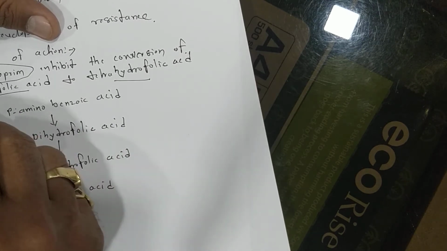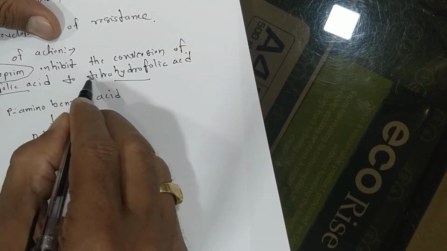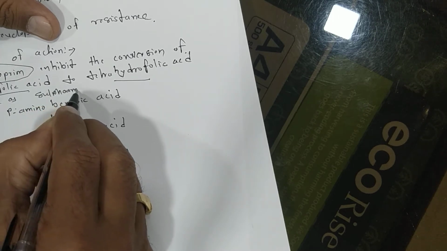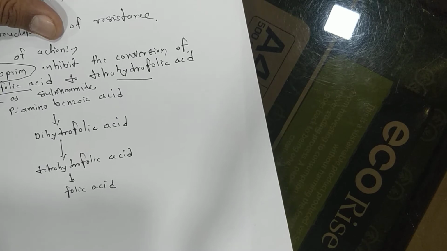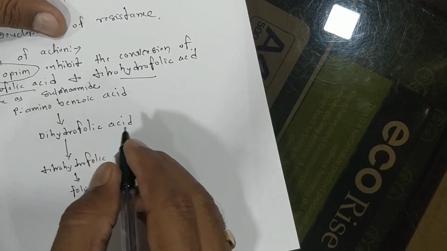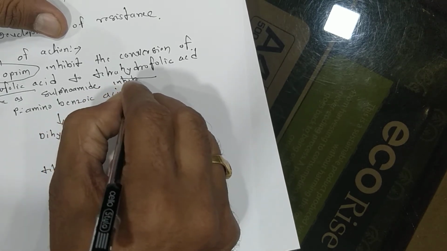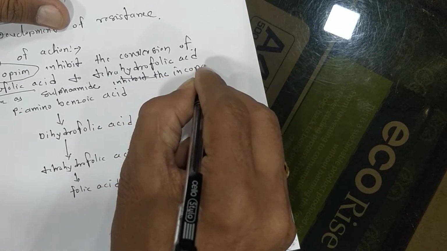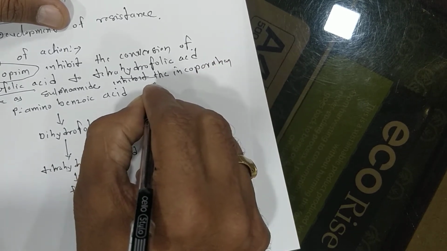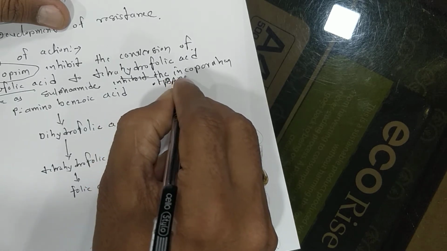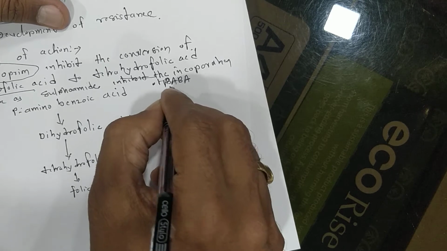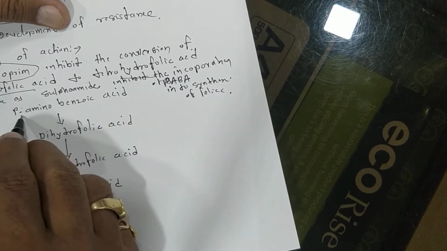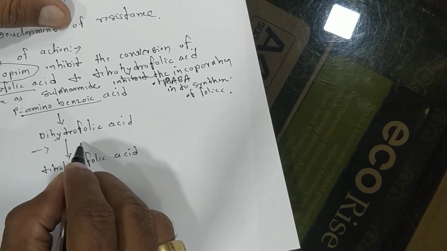The trimethoprim inhibits the conversion of dihydrofolate to tetrahydrofolate, whereas sulfonamide inhibits the incorporation of PABA into the synthesis of folic acid.